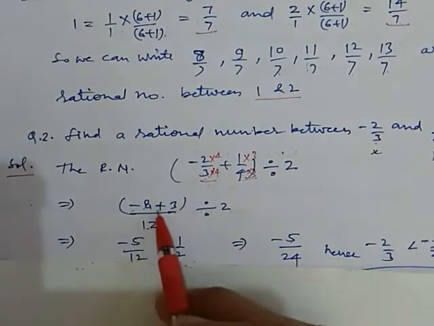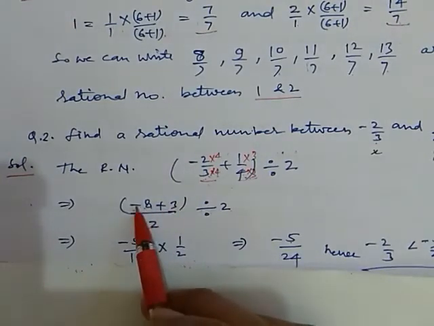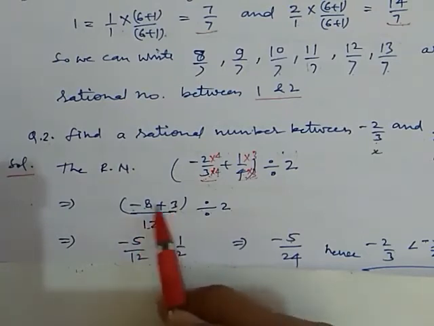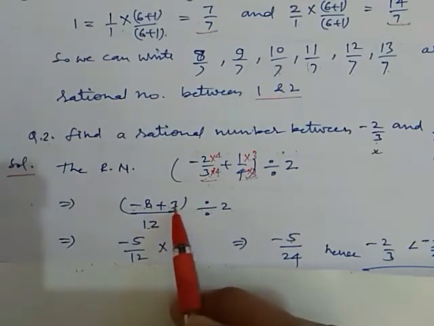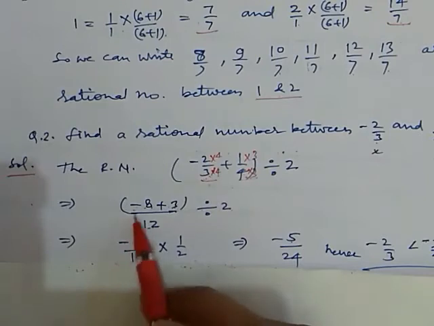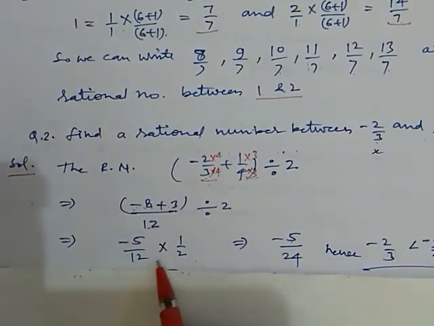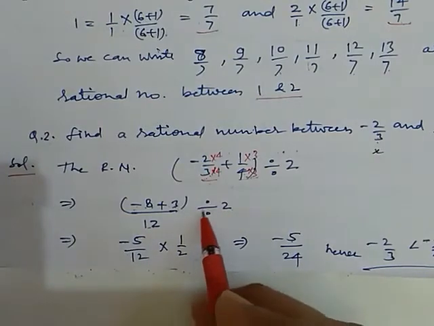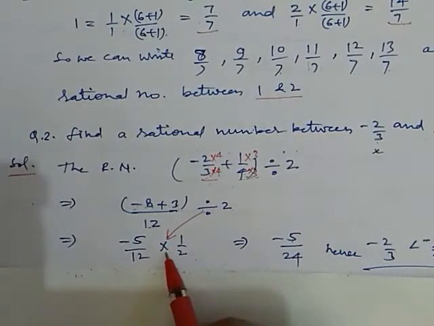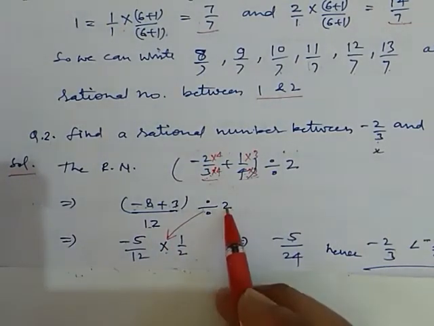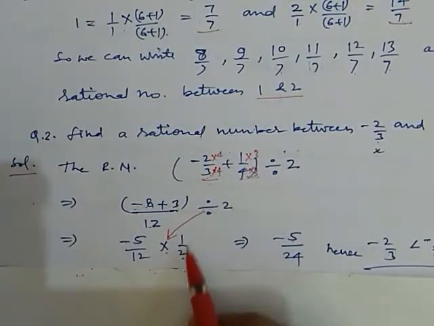Here the numbers have different signs, so we have to subtract them. Subtract 3 from 8, we get minus 5 because the sign of the bigger number is negative. So minus 5 by 12, and this division sign is converted into the multiplication sign and this number is inverted, 1 by 2, that is the reciprocal of 2.